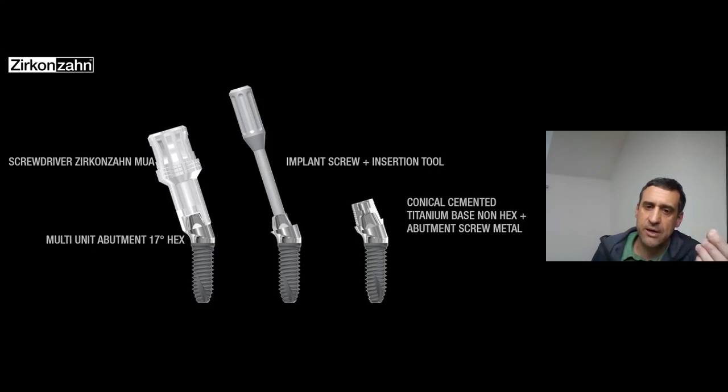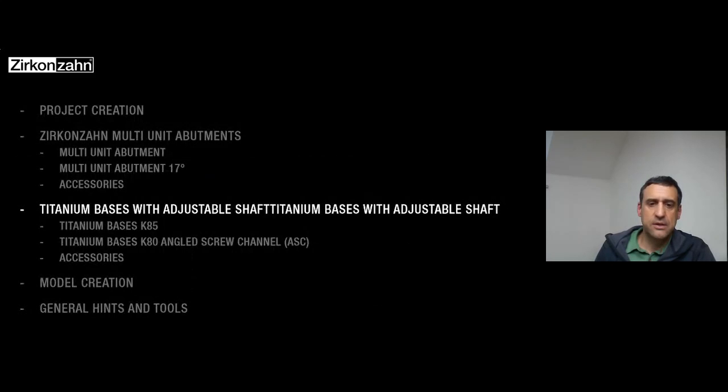Once you put it in the mouth, you can see more or less how the channel screw is coming out, and where. Then the conical cemented titanium base, non-X, on top of the abutment, of course. That's our T-base on top of the multi-unit.